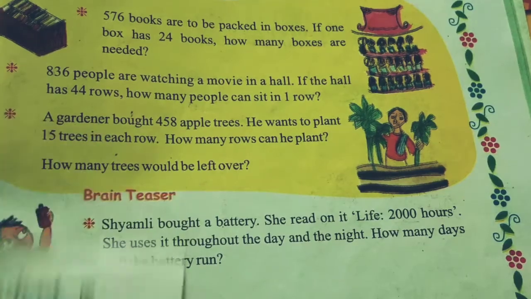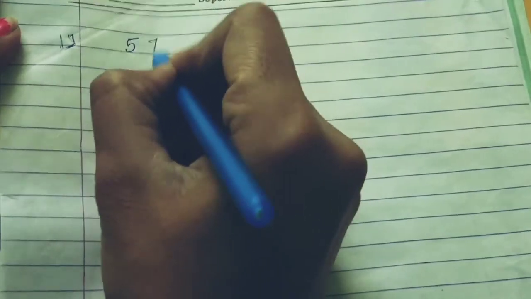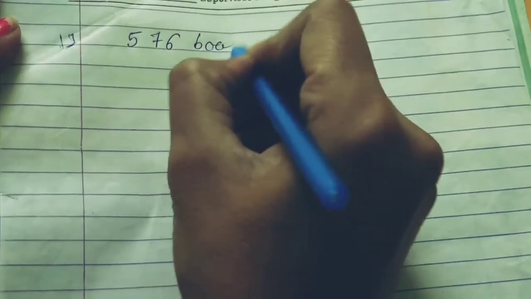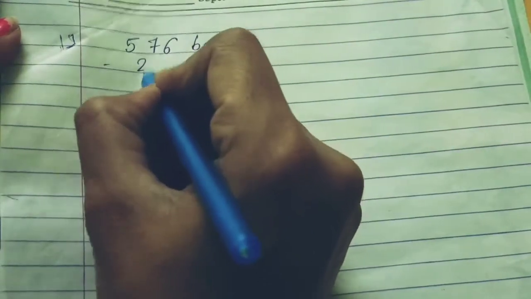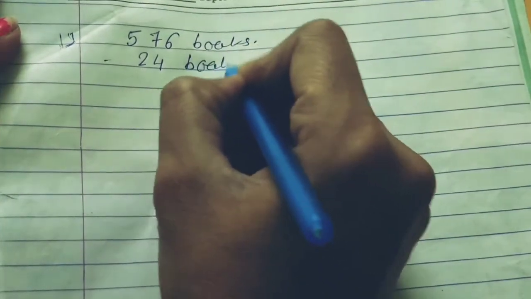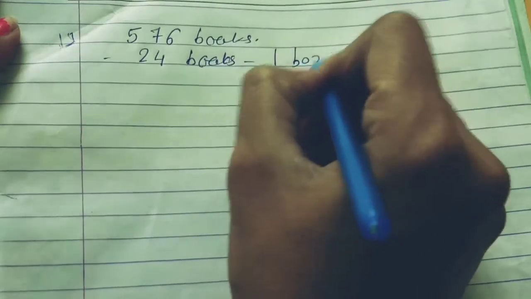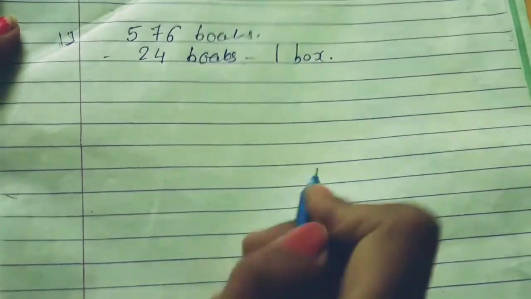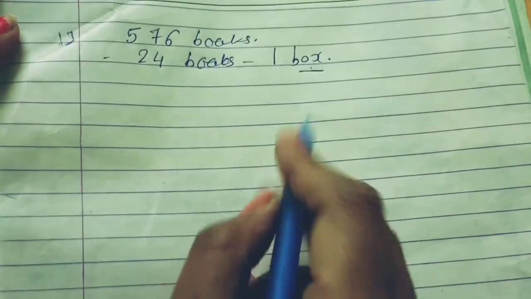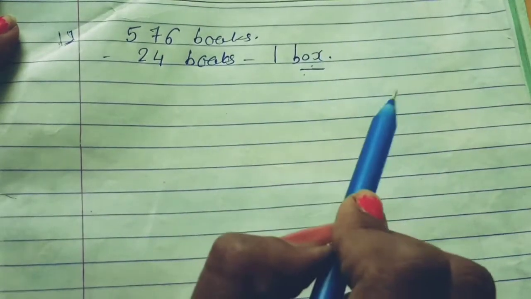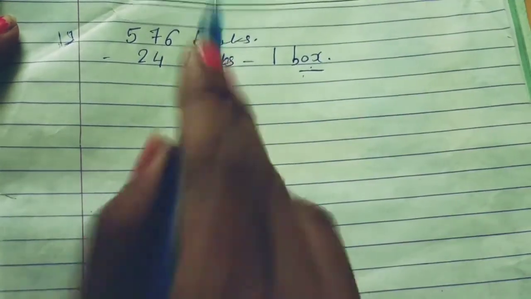So let's write here. First, we have total 576 books and what they have given, 24 books in 1 box. We have to find out the number of boxes. So जो search करना है वो पीछे लिखना है and whatever is given, that we will write first.